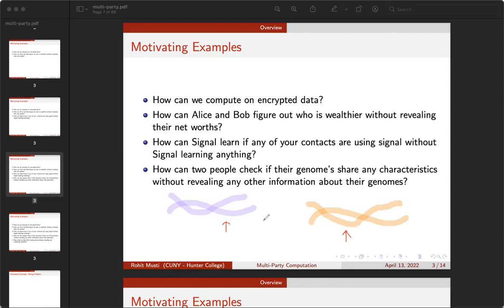All we want to know is if they share the same genome. But we need a way of doing it that doesn't involve giving your genome to someone else, because that's not preserving your privacy.